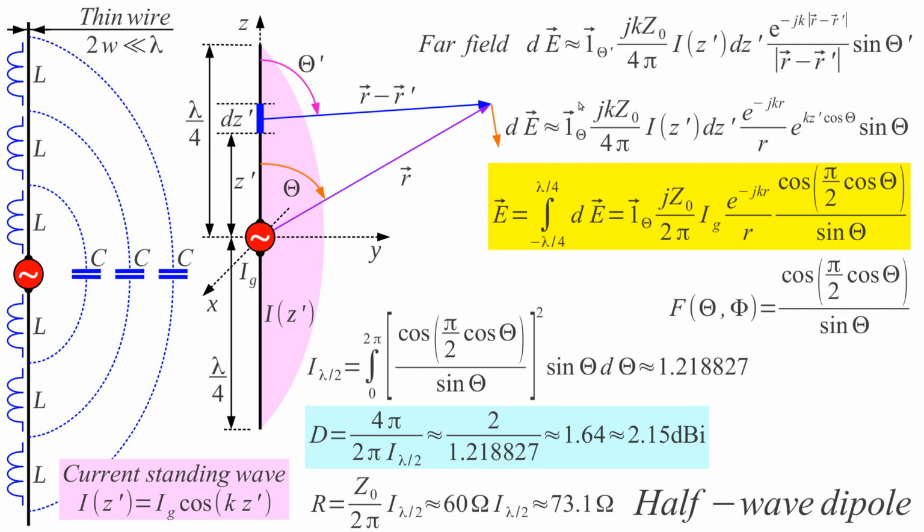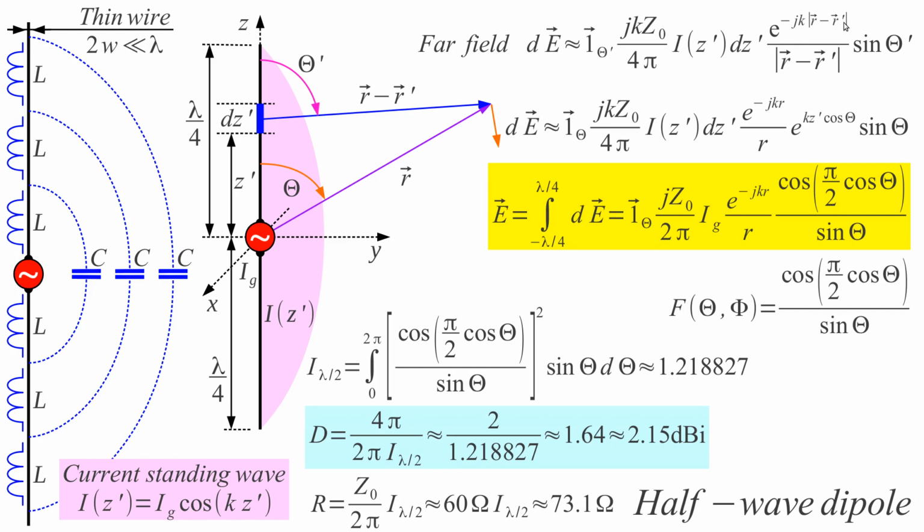This is just amplitude changes. I can simplify the denominator with just r, because r minus r prime is almost r in the denominator, which is just amplitude. But the numerator contains the phase, and in the phase I should consider this r minus r prime.